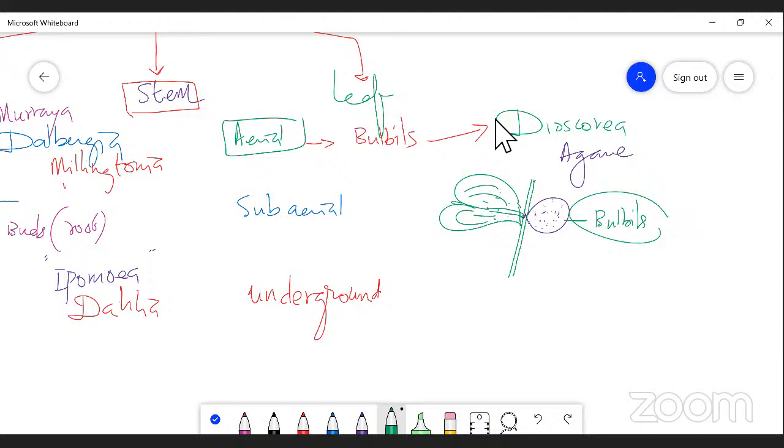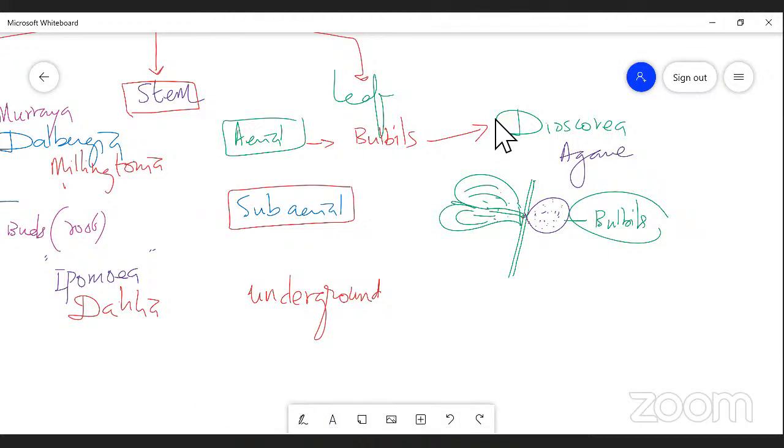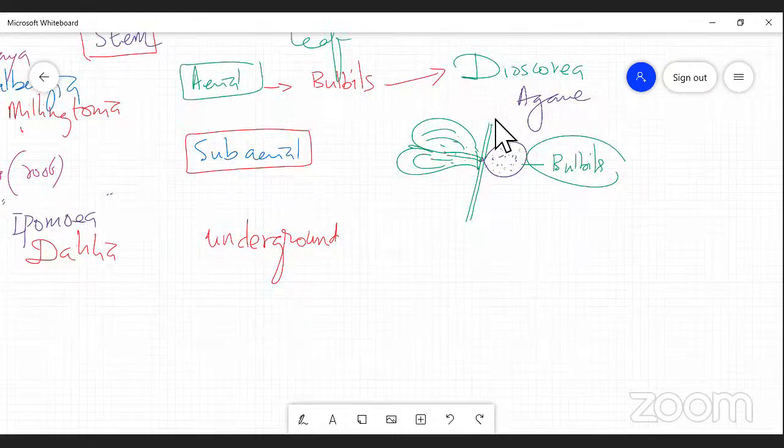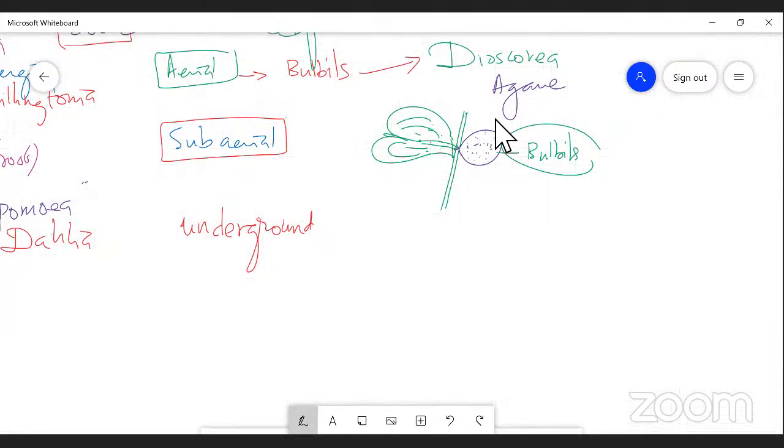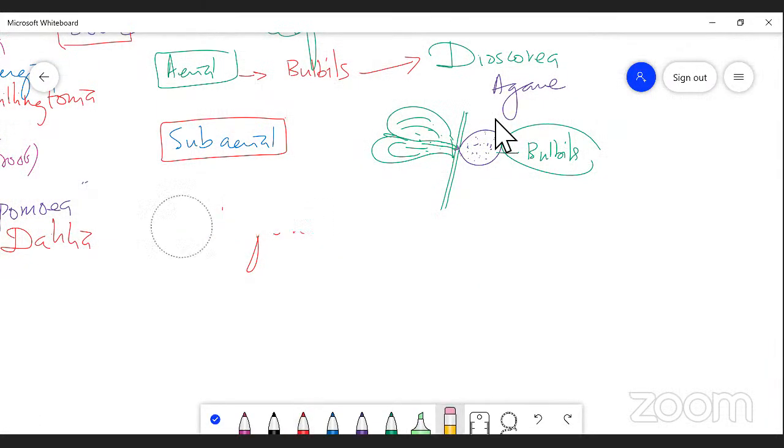Let me take subaerial modification. There are different methods of subaerial modification in which the stem is modified into different structures. First let me take subaerial modification, then we will come back to underground modification. In subaerial modification, the stem is modified into the first category, a runner.